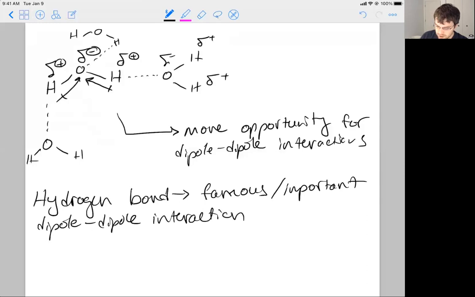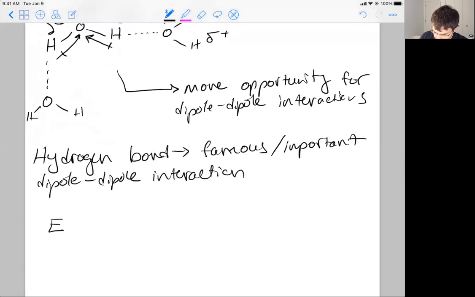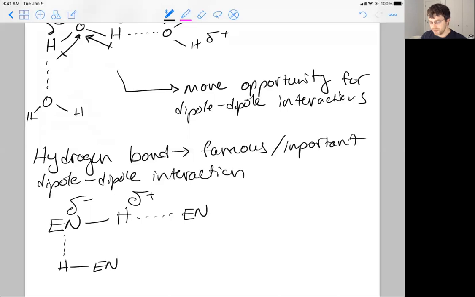Okay, now what's happening here is you've got some electronegative element attached to hydrogen. So you have a delta minus on the electronegative element. Then you're going to have an interaction between hydrogen and other electronegative elements, and the electronegative element and hydrogen from another molecule.